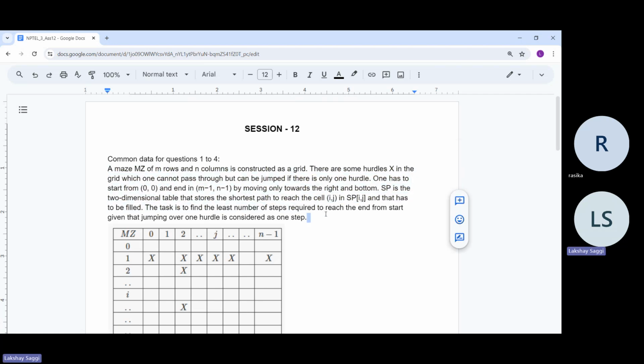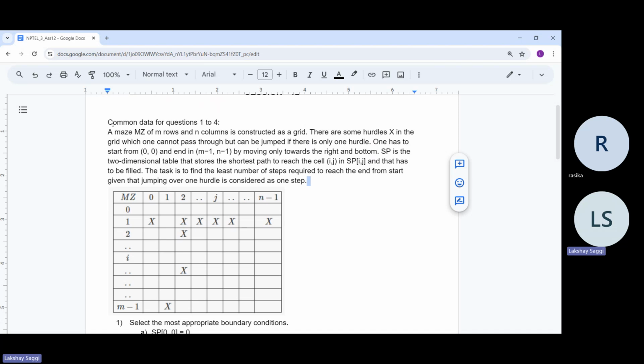This first passage is common data for questions 1 to 4. So questions 1 to 4 are based on this passage and the figure. A maze MZ of m rows and n columns is constructed as a grid. There are some hurdles in the grid which one cannot pass through but can be jumped if there is only one hurdle.